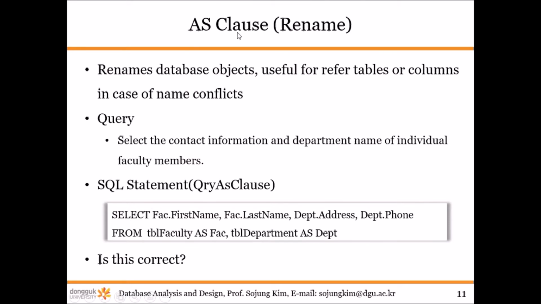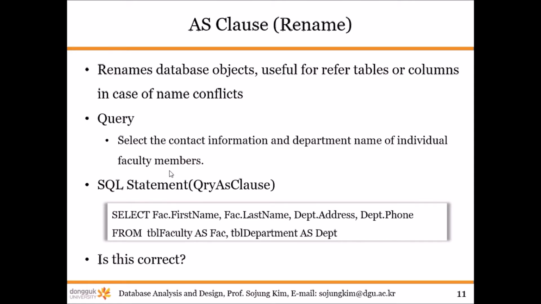The AS clause renames a database object, useful for referring to tables or columns in case of name conflict. So select the contact information and department name of the individual faculty member. As I mentioned earlier, if two tables have the same column name, the program may have a conflict and cause an error message.